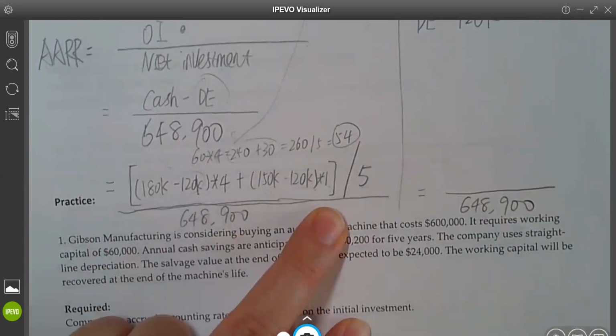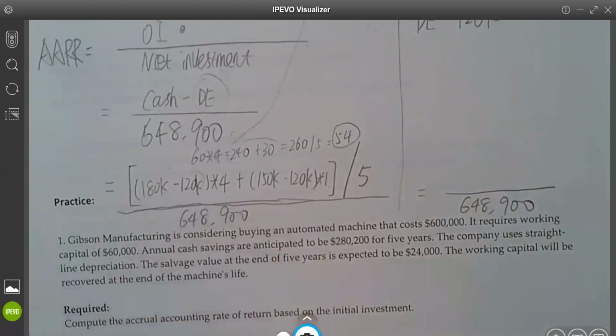The way I did it in my note before is I got all the cash flow first, the first 4 years and the 5th year. Then I divided the cash flow by 5 to get the weighted average cash flow. And then I minus the depreciation expense, 120,000 every year.